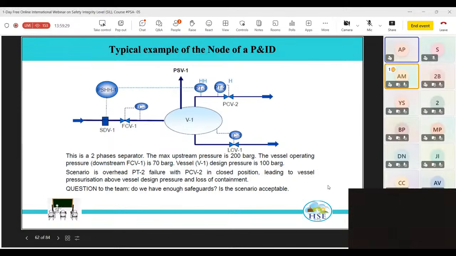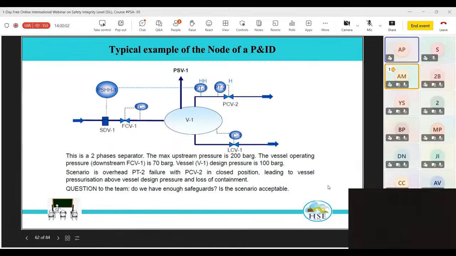Okay. So here the particular scenario is given that PT2 has failed and PCV2 has closed down, shut down, and because of that pressure is rising. Now the chairman asks the question whether this is acceptable. Initially they will discuss without safeguard, that means they will not consider the existing safeguards in the P&ID.